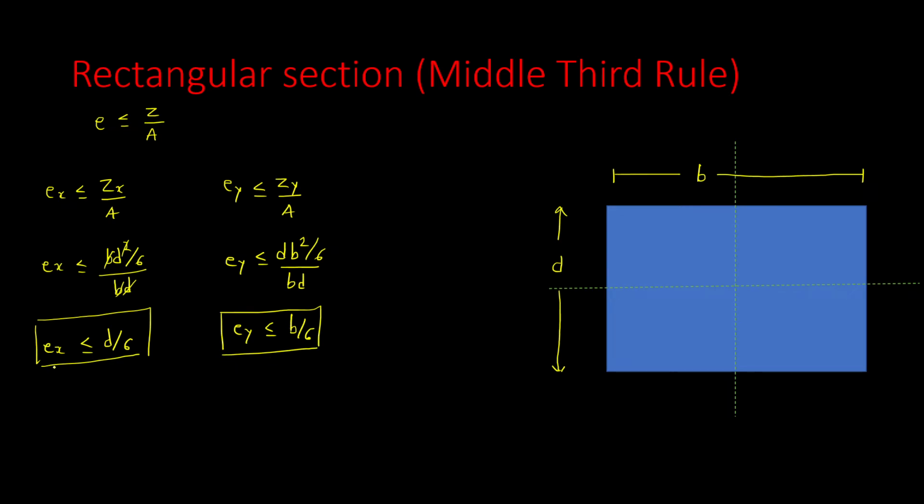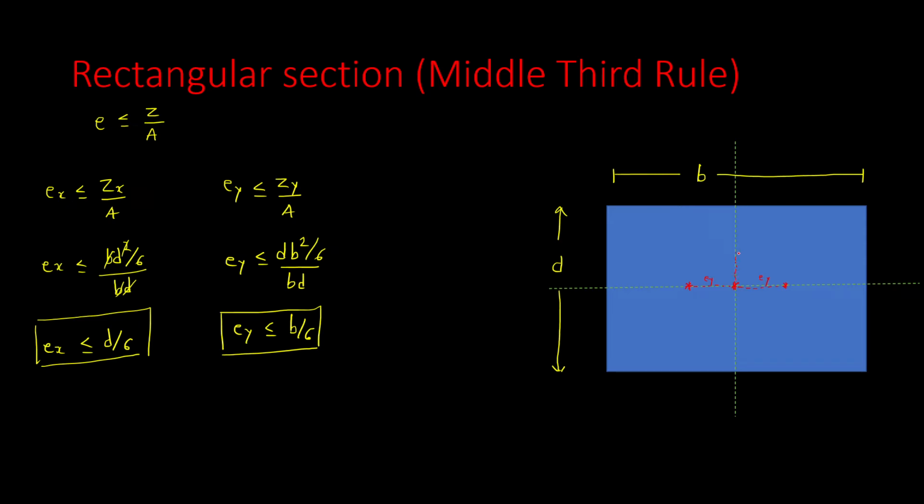Now what is the maximum value of ex that is possible? D by 6. Maximum value of ey is b by 6. Now we will plot all these points here from the centroid. So this is the centroid. This distance here is ey. Similarly this distance is also ey.